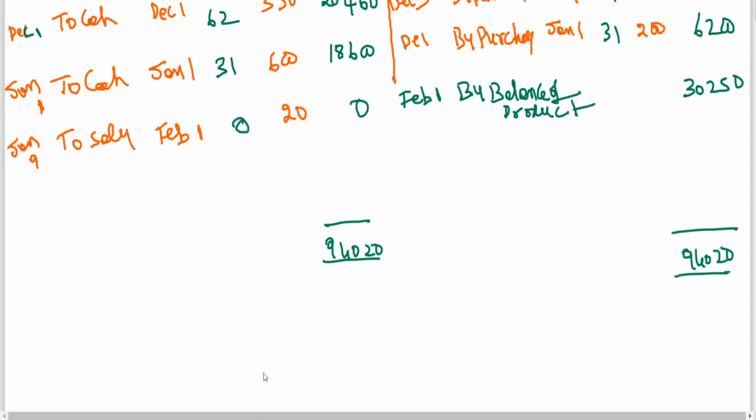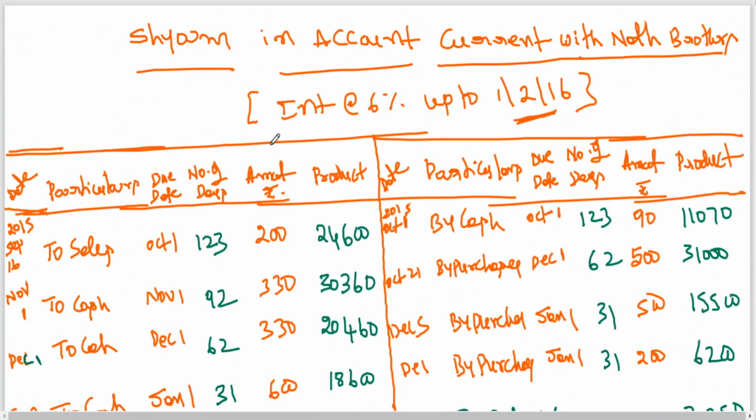If I want, I can calculate interest here, or the interest will appear on the side of the product which is showing more. Here I'll tell you an alternative way also. February 1st, you can write to interest: 30,250 into rate of interest given, 6%.